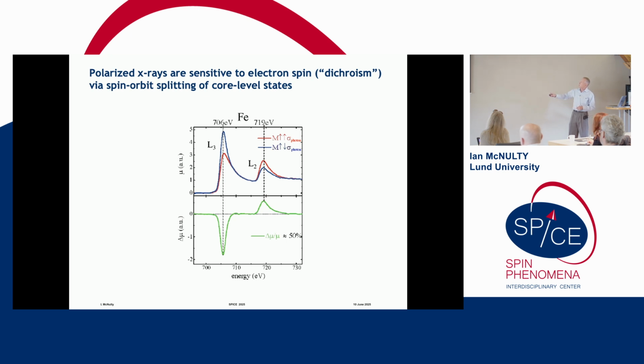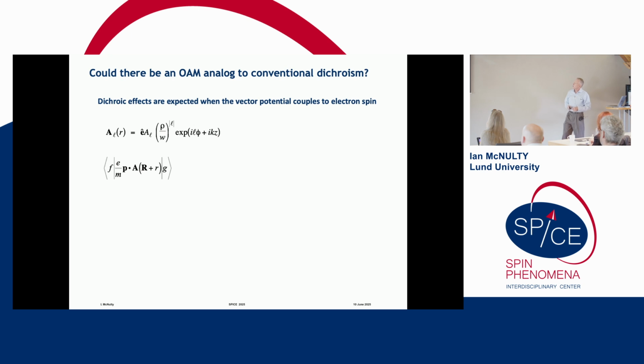This is an example in iron at the L3 edge and L2 edge, showing the difference in aligned spins, or spins aligned with the polarization vector and anti-aligned, giving you a different signal. When you take the difference of those two spectroscopic measurements, you get the so-called dichroism signal, which is a direct handle on the magnetic state in the material.